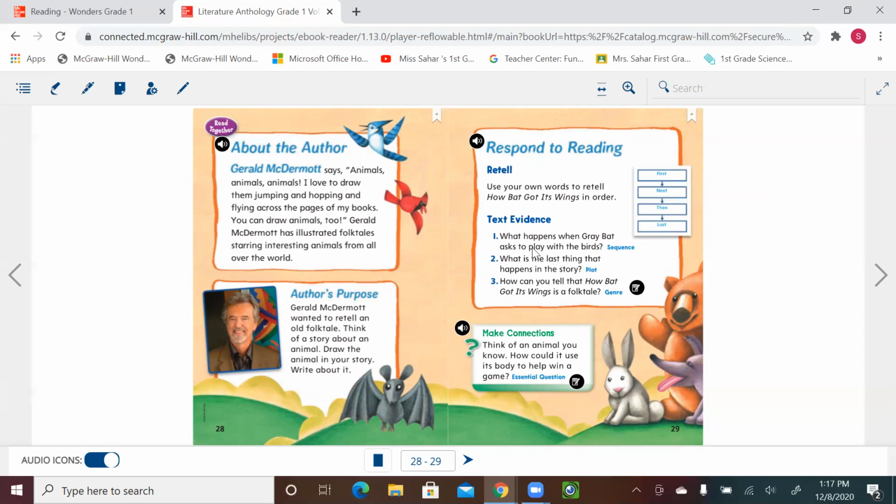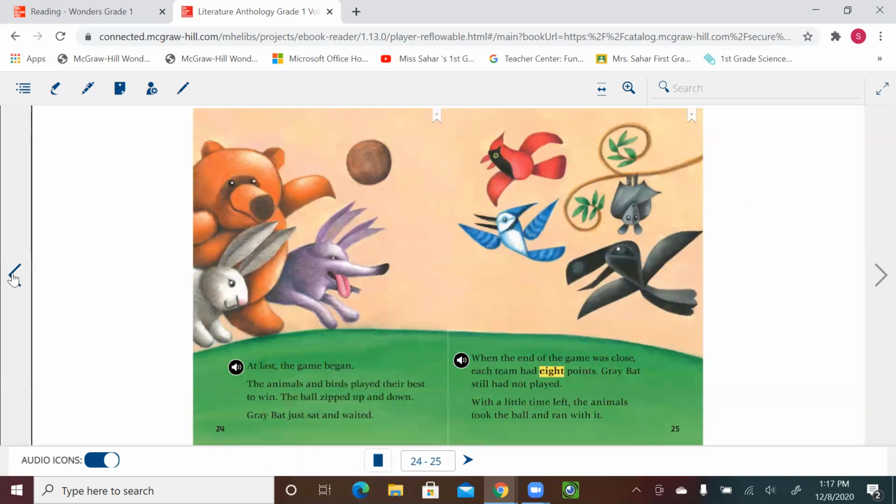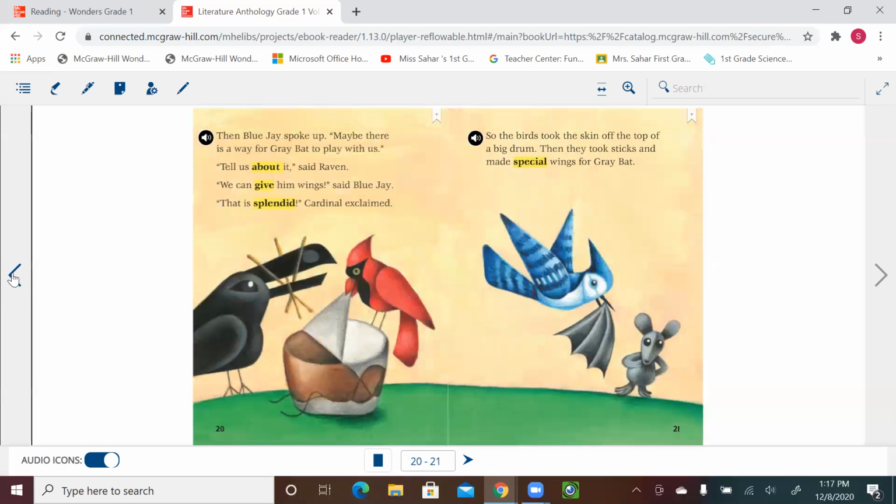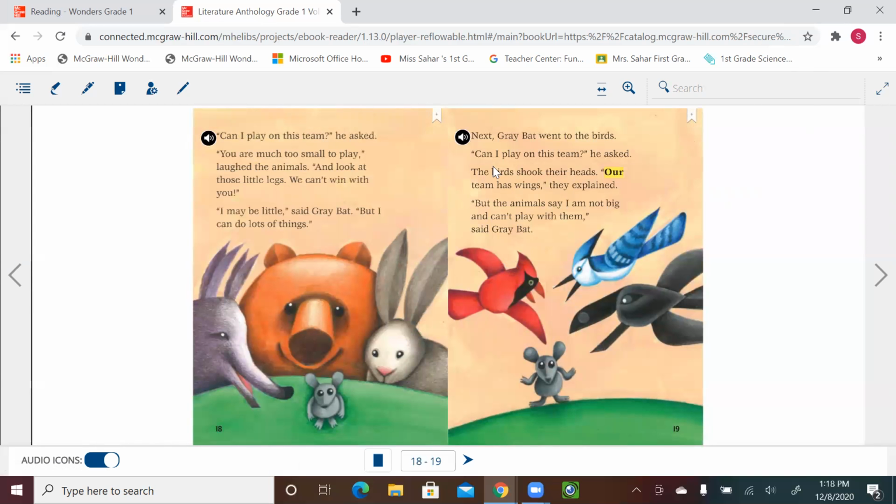All right, text evidence. What happens when Gray Bat asks to play with the birds? So we're talking about sequence now. If you go back, when he first asked the birds to play, when he said, "Can I play on this team?" the birds shook their heads.